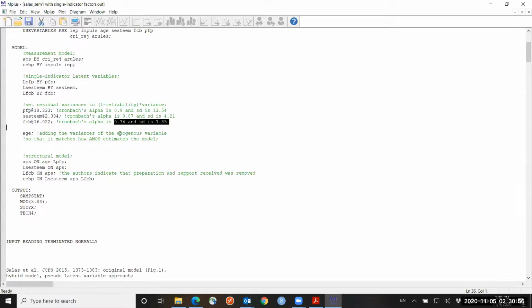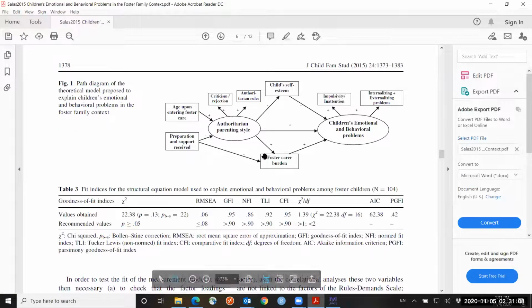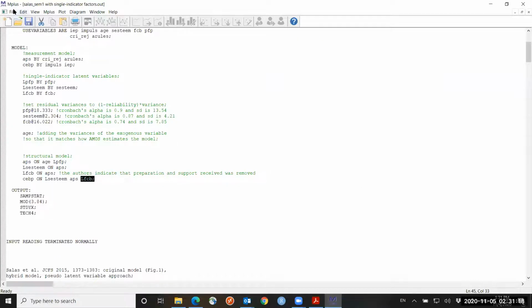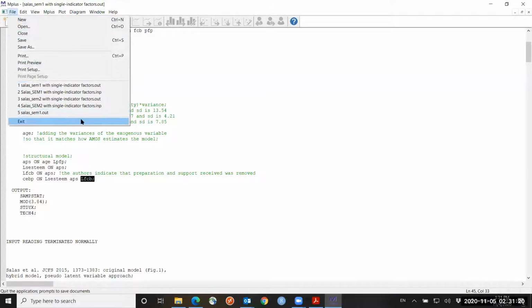The parameter that is affected by FCB is the direct effect of FCB on CBP, which in the model is this one here. FCB is foster care burden, on the child's emotional behavior. So let's look at the original and the new value.